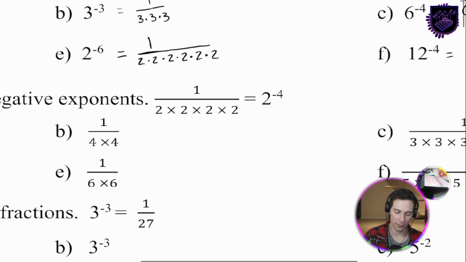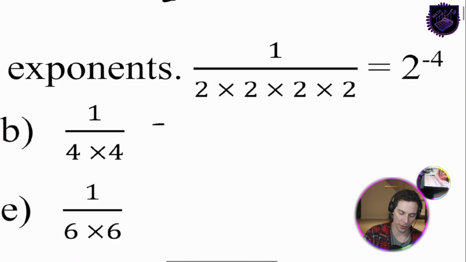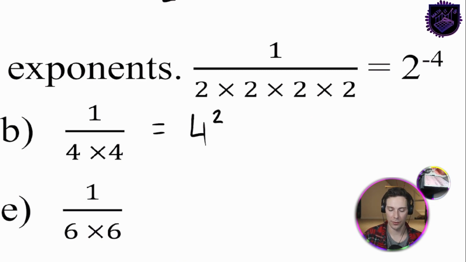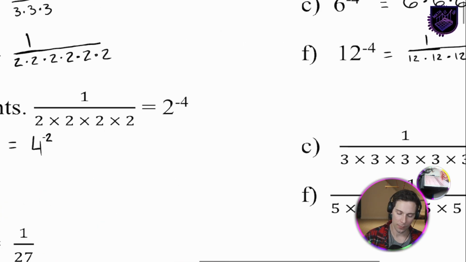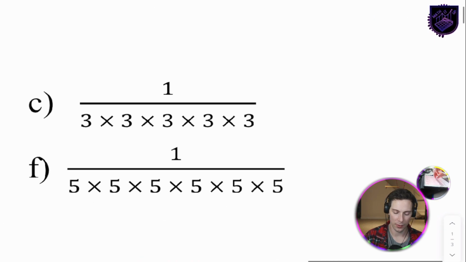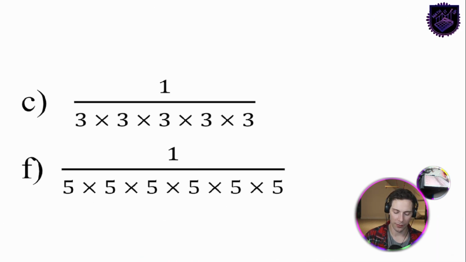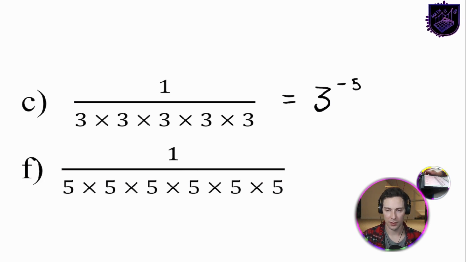Not too hard. Our base is 4. So this is equivalent to base 4 to the power of negative 2, because there are 2 fours. Next, how many do we have? 1, 2, 3, 4, 5. This is equivalent to base 3 to the negative power of 5, negative exponent 5.